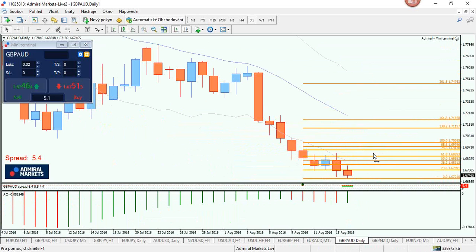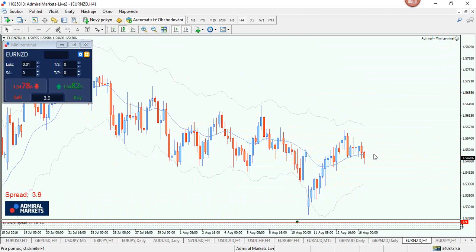You can see 38.2 fib, and it's making a new type of triangle, in fact. So let's see which side it breaks to. Pound Swiss is moving lower too.